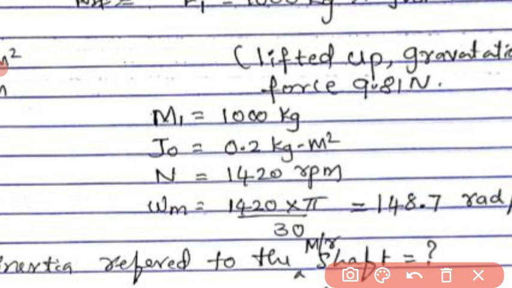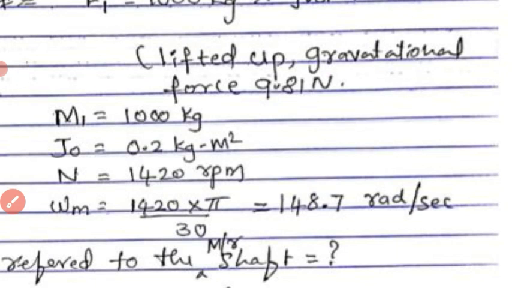I hope it is clear. If you do this, you will get 148.7 radian per second. In our equation we have to substitute omega m, not speed in rpm, that is, radian per second.